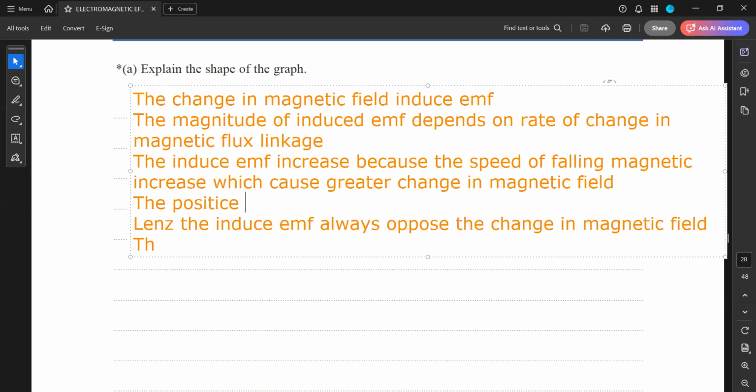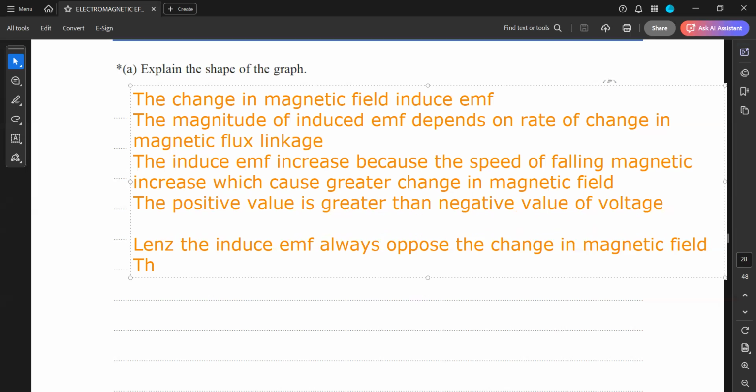If you compare the graph, the positive value is greater than the negative value of voltage, or we can also say it takes a shorter time for the positive as compared to the negative voltage.